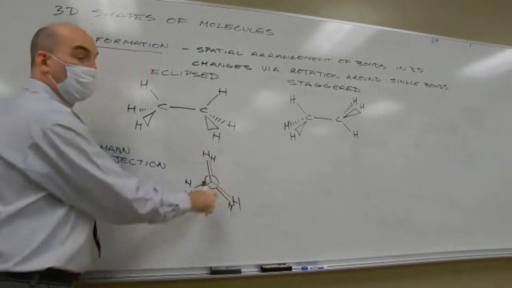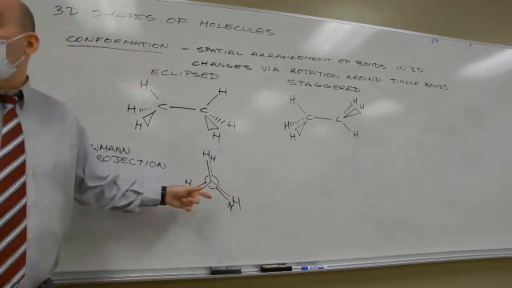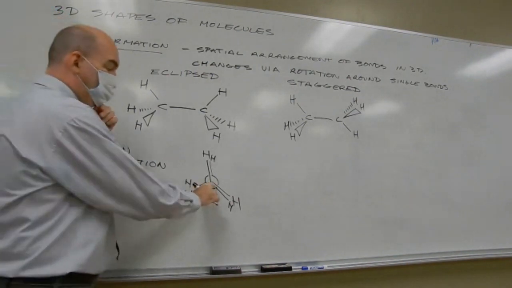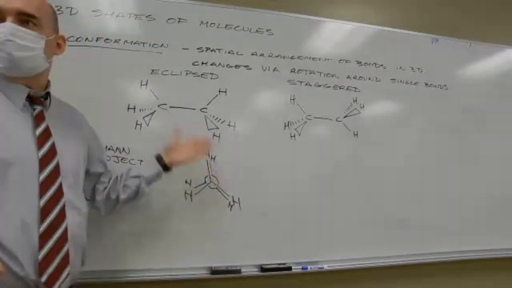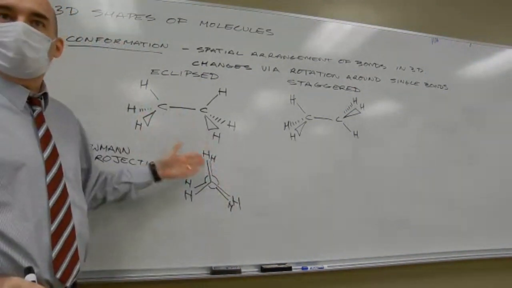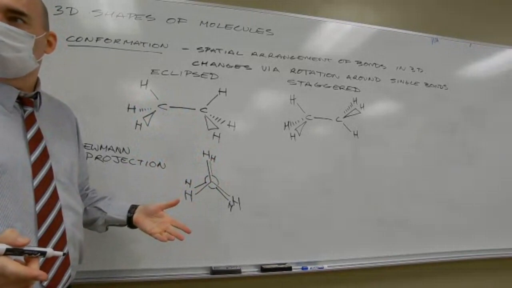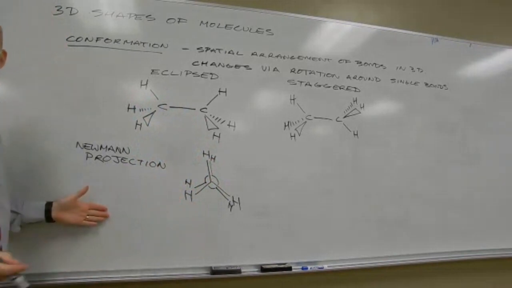So I have 3 bonds that go to the outside of the circle, and I have 3 bonds that meet at the center of the upside down Y. If I can see the atoms meet, that's the front. If I can't see where the atoms meet, that's the back. This is called a Newman projection.